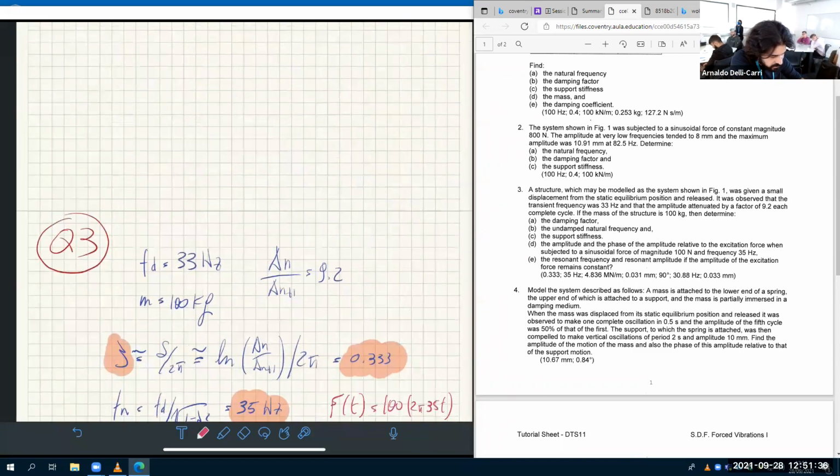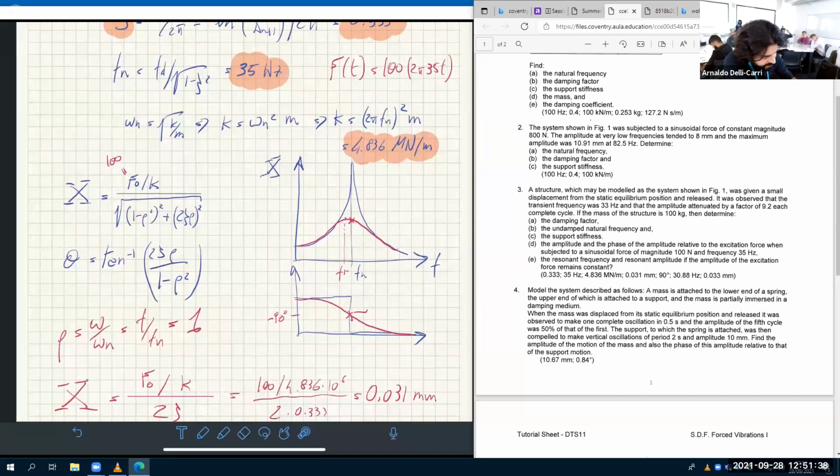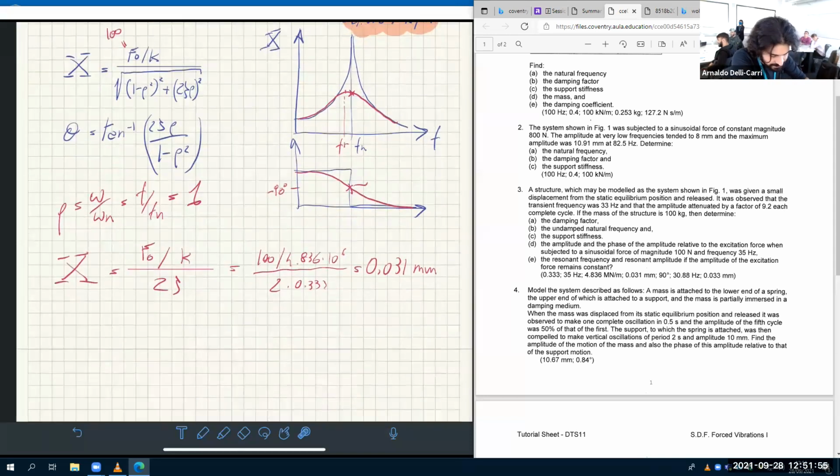Look, we can also see it here. If you look at this, if rho is 1, okay, this is arctangent of infinity. Where is the arctangent infinity? Pi over 2, which is? Ta-da! 90 degrees.